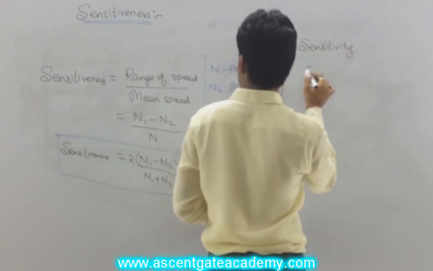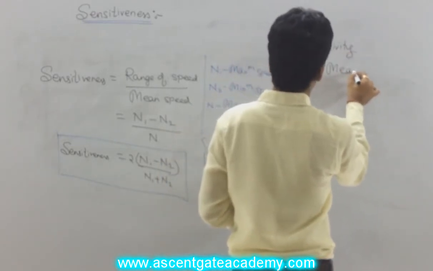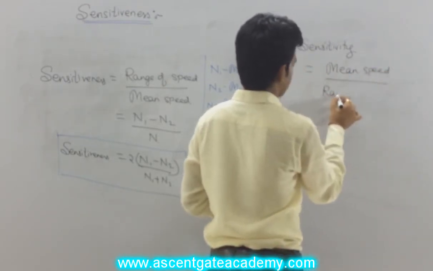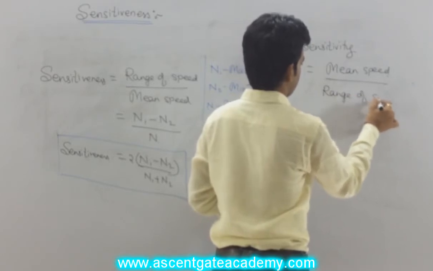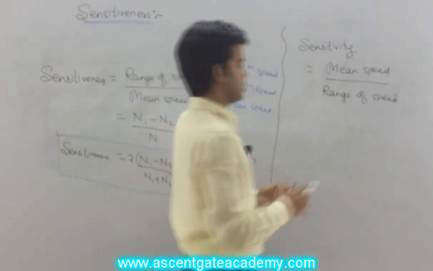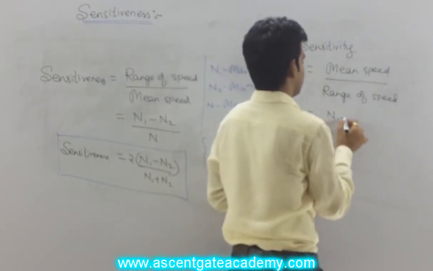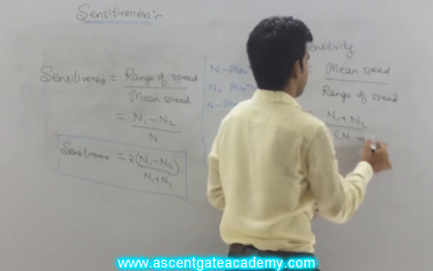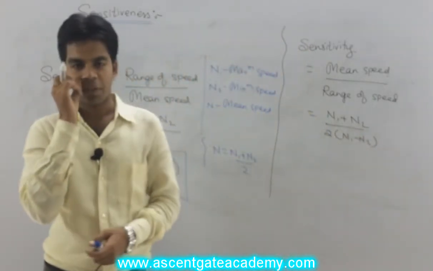This sensitivity is actually the ratio of mean speed to range of speed, or you can say this will be equal to n1 plus n2 upon 2 into n1 minus n2. So this is sensitivity.